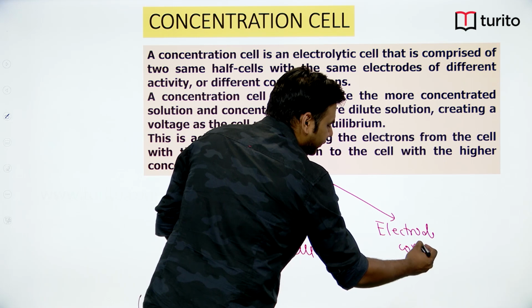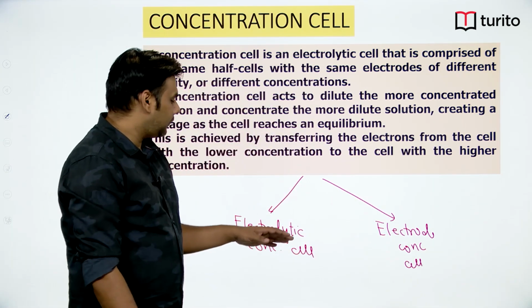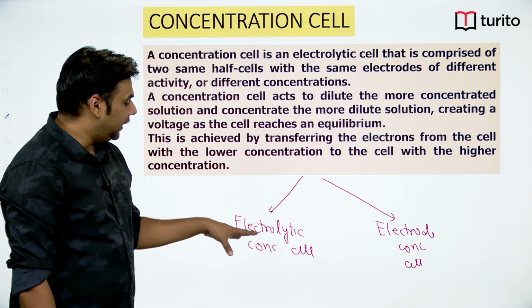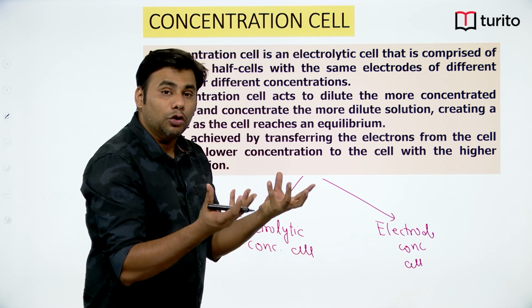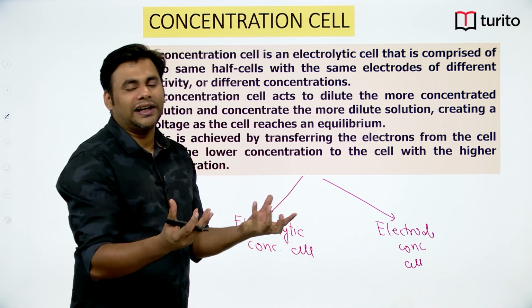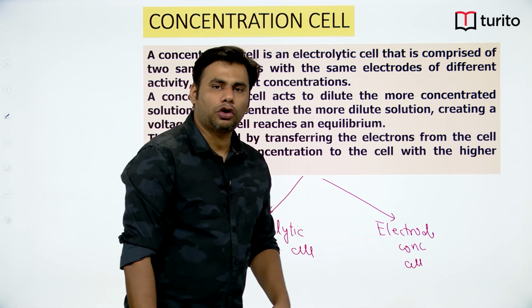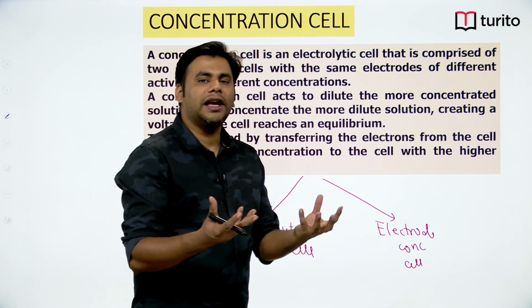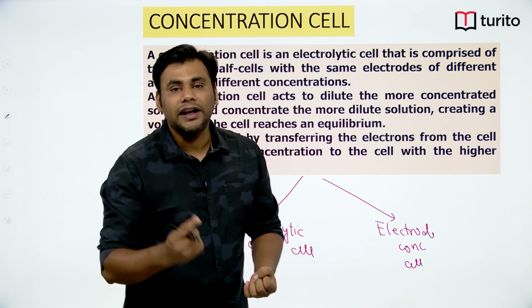Let me explain the two types. In the electrolytic concentration cell, the two half cells are similar. The only difference is the concentration of the electrolyte in the solution. Similarly, for the electrode concentration cell, both the half cells are the same. The difference between them is the activity of the electrode.